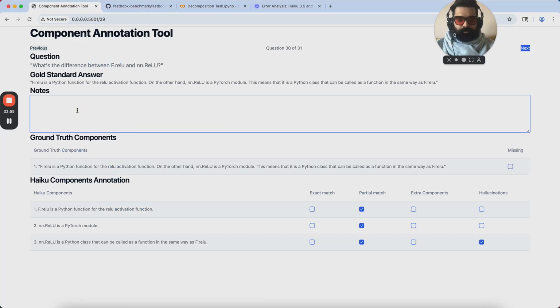Yeah. So another example where Haiku component granularity best case yields redundant retrieval results, and worst case is too granular to provide enough context. TBD.